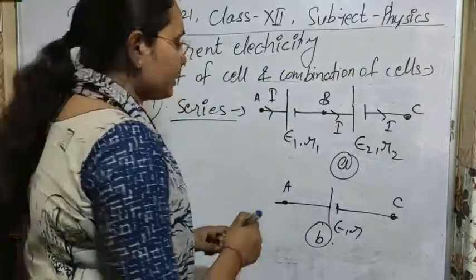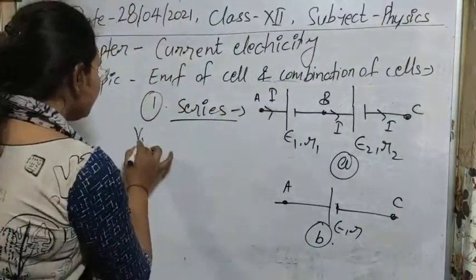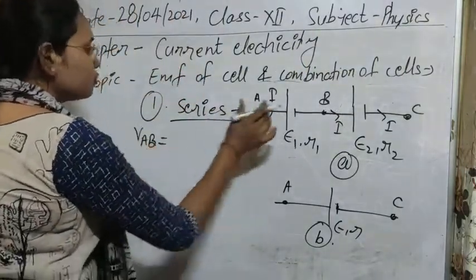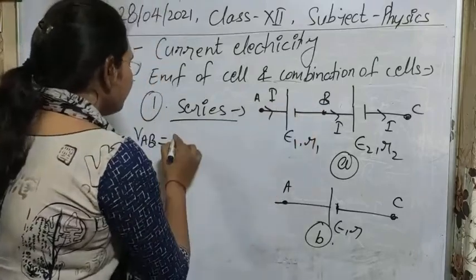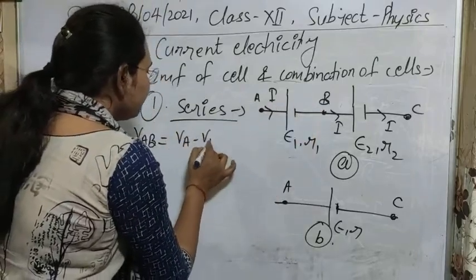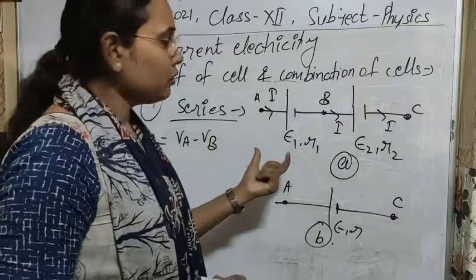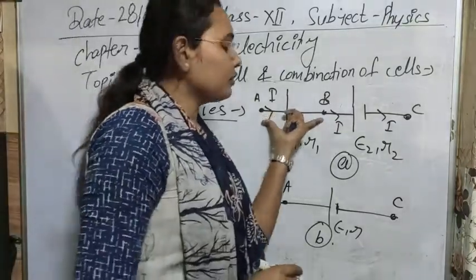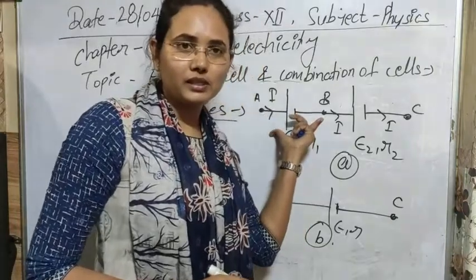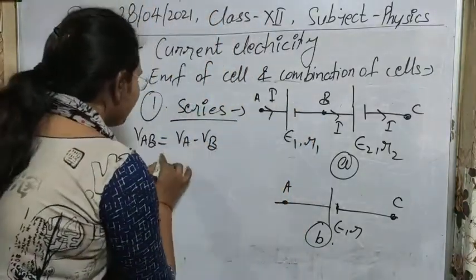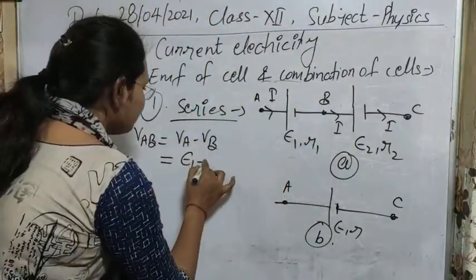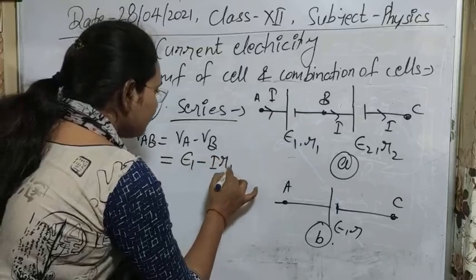So in the case of series, first let's calculate the potential difference between these two points A and B. We can write VA minus VB, and this potential difference is equal to the terminal potential, which is epsilon 1 minus I into R1.